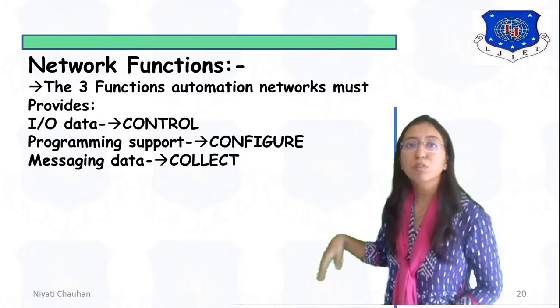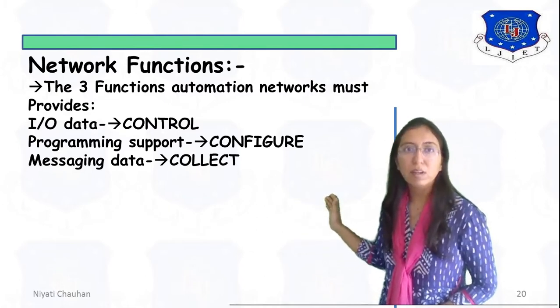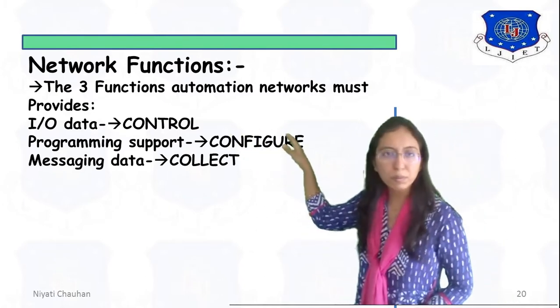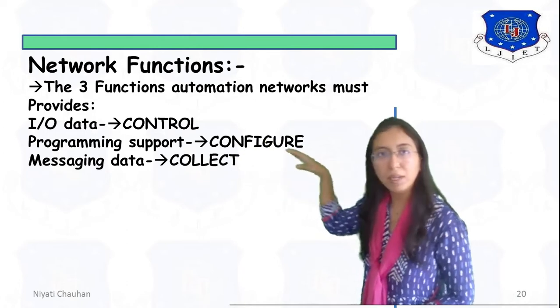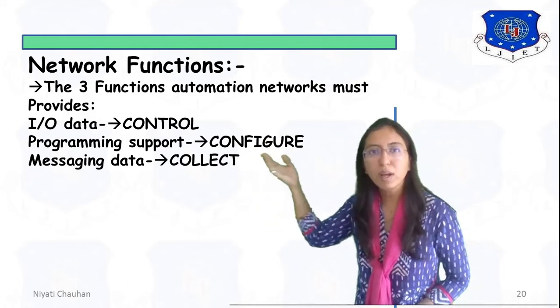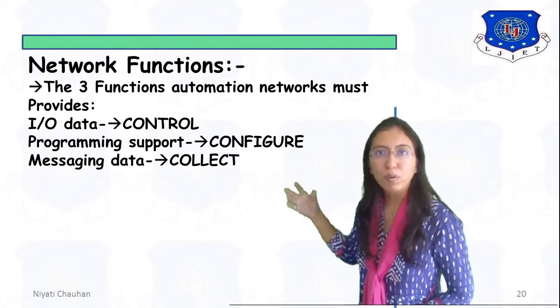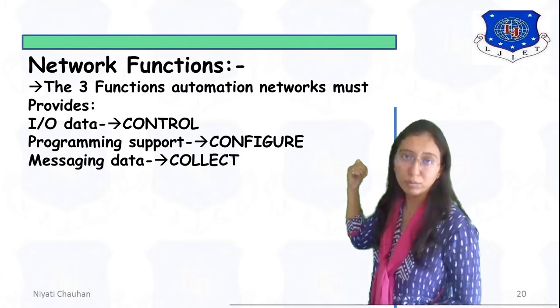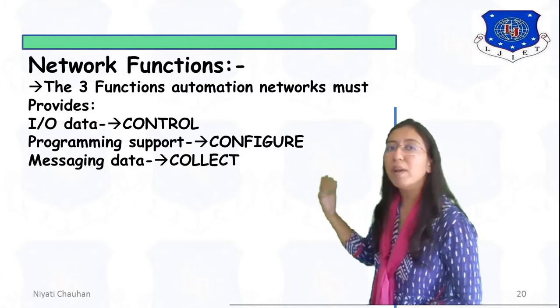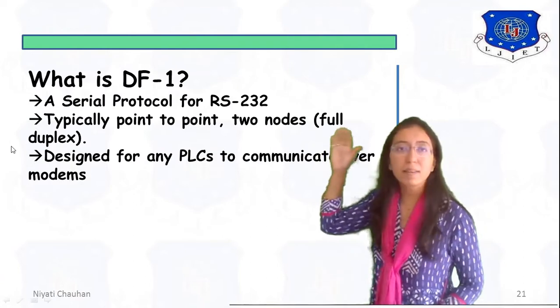So network functions are divided into three parts: first, input output, then programming support, and then messaging data. For input output, we are using control network, for programming, we are doing configuration, and in messaging, we will collect data.